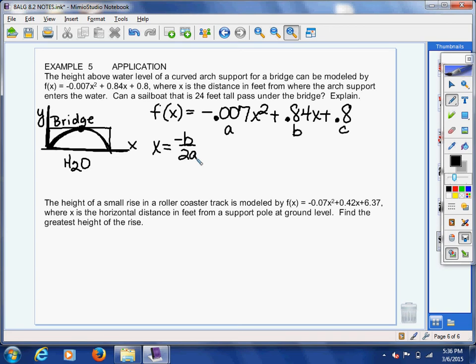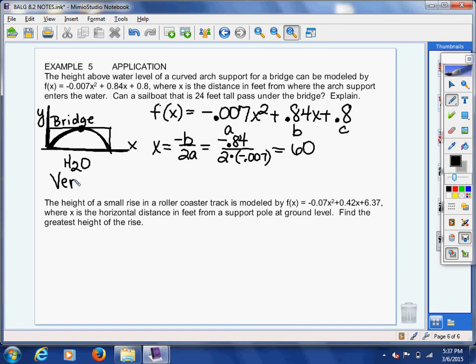So we're going to take the opposite of B, which is negative 0.84, and we're going to divide that by 2 times A. Well, A is negative 0.007. Okay? You're going to need a calculator for this. Those are some pretty tough numbers. So when you calculate it, you should end up with your x equaling 60.